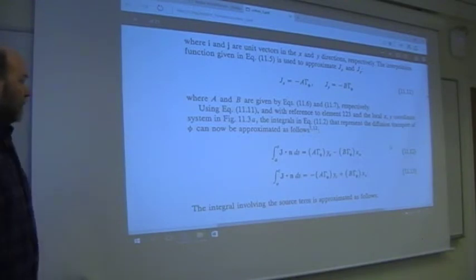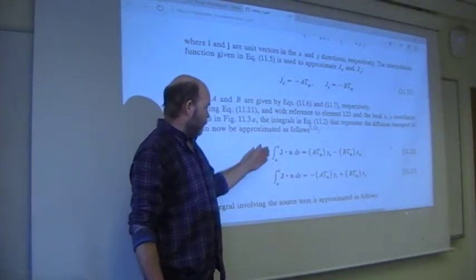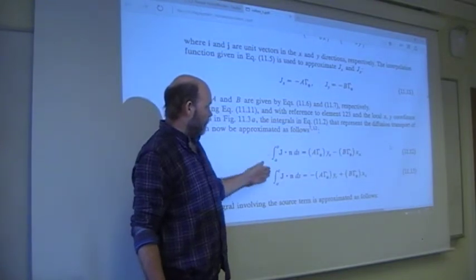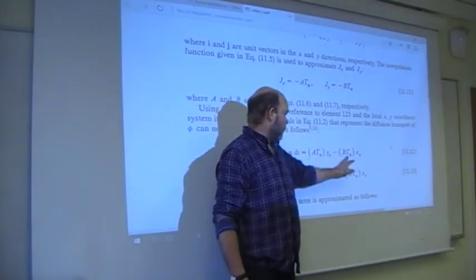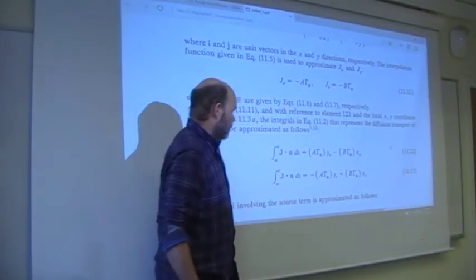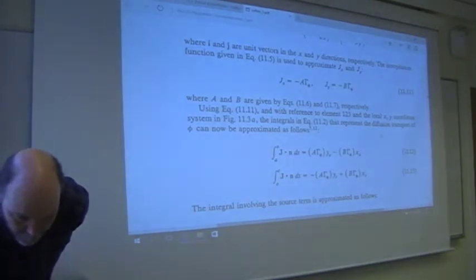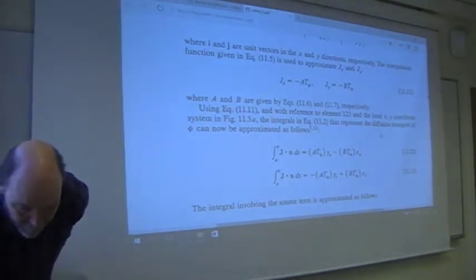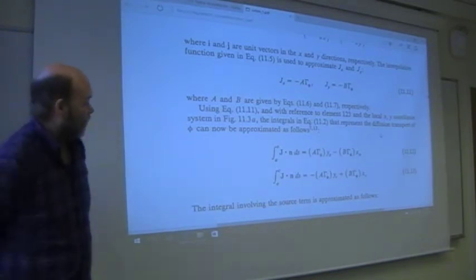And now looking at these two contributions that we have from one triangle, these two line integrals, we will end up on the right hand side with something like this. We're still not home. It's fairly elegant actually, the way you split it up.